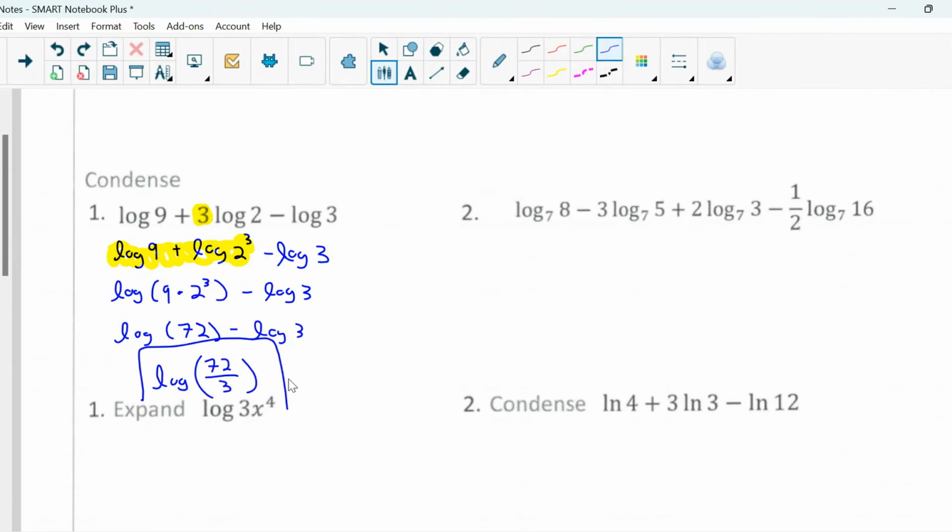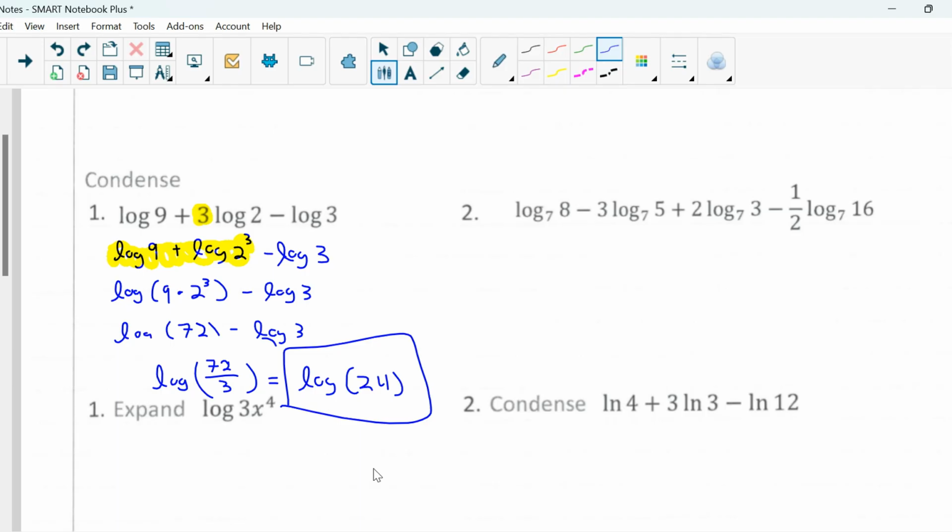So really, I could condense this expanded log form to be log of 72 over 3, which I'm actually just realizing I can divide 72 by 3. 72 divided by 3 is 24. So I could even write this one step further to be log of 24. And that's my simplest form.